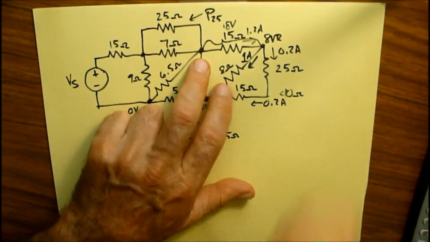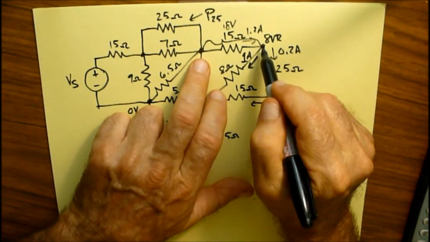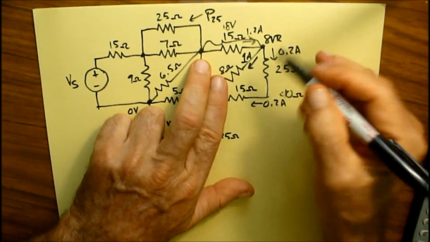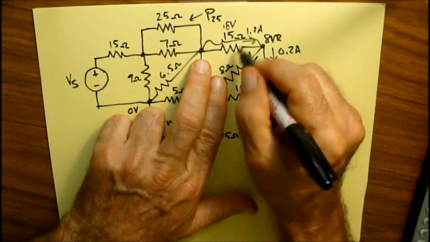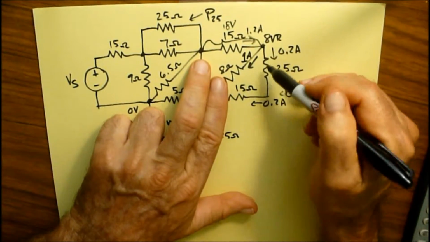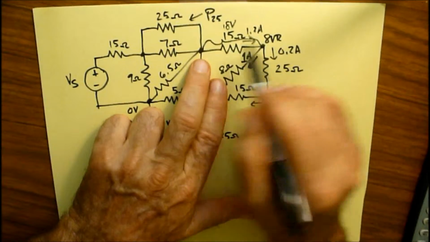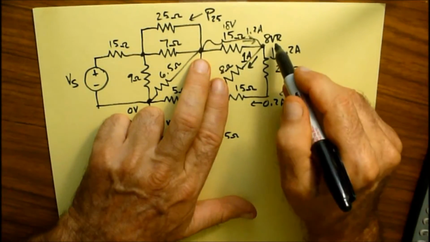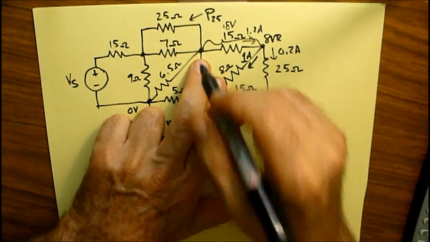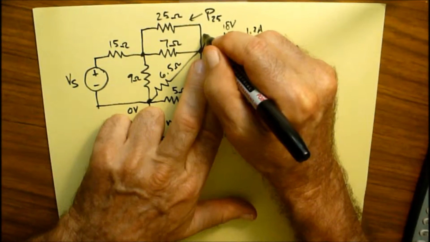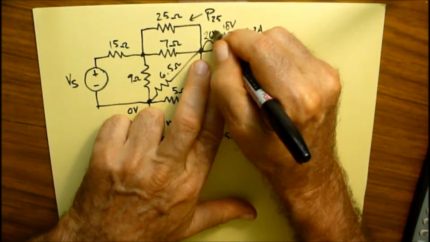Well, the current is going from high voltage to low voltage. It's going this way. I've got 1.2 amperes going out, I must have 1.2 amperes going in, which means that this is going to be 18 plus 8, so this point here will be 26 volts relative.